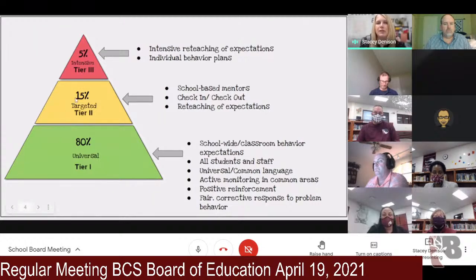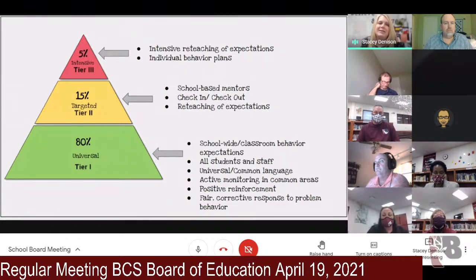But there are some students that might need some more targeted or tier 2 supports. And that's where the reteaching and mentoring of expectations for maybe a smaller percentage of students needs to take place. This year, because we're in year 3, we fully implemented a tier 2 strategy called check in and check out.